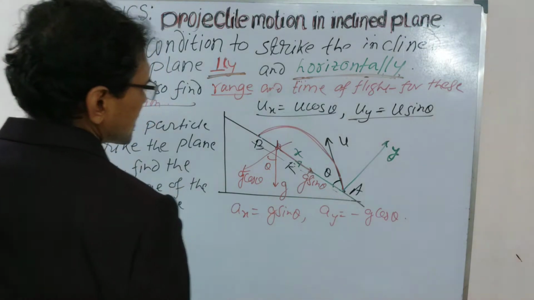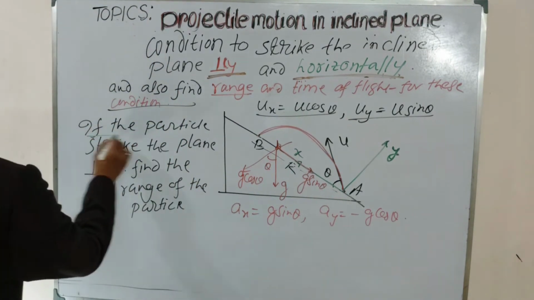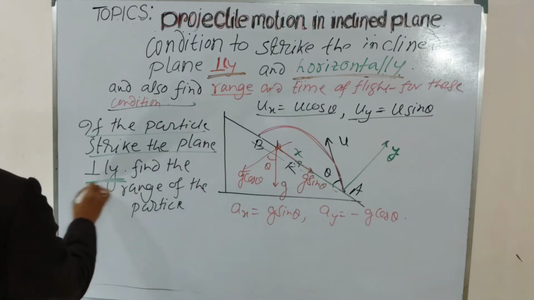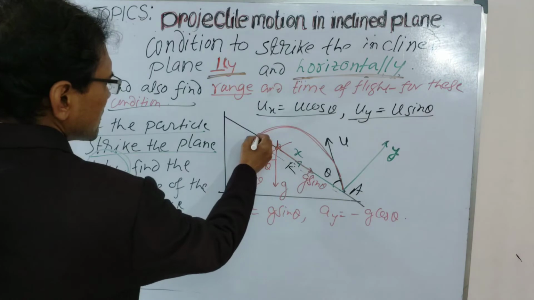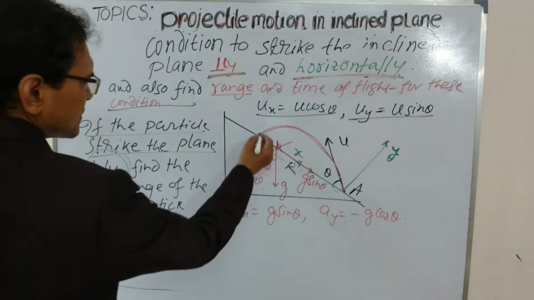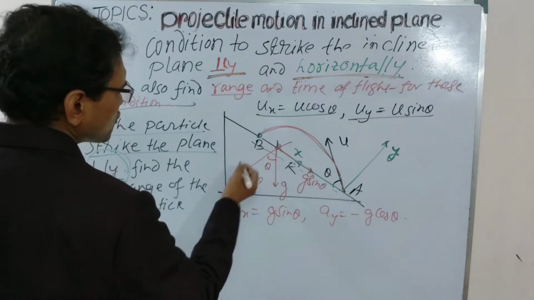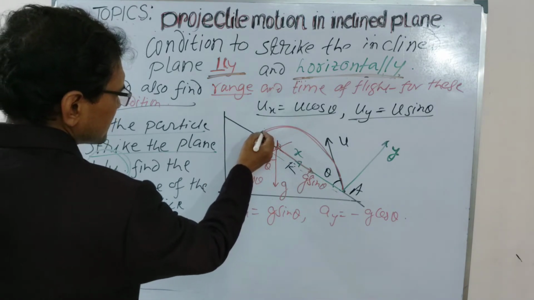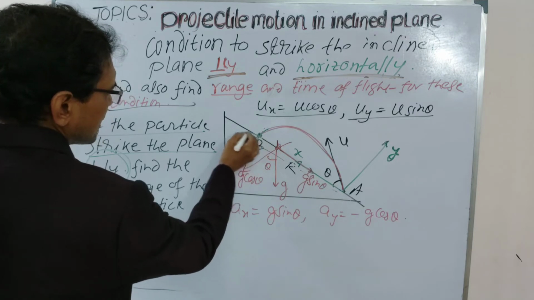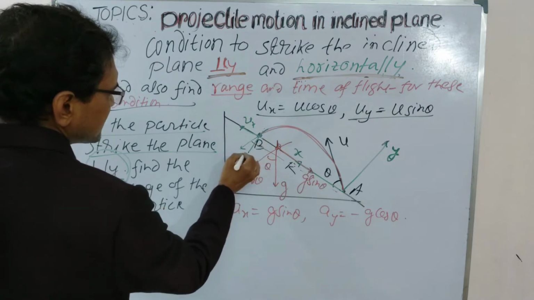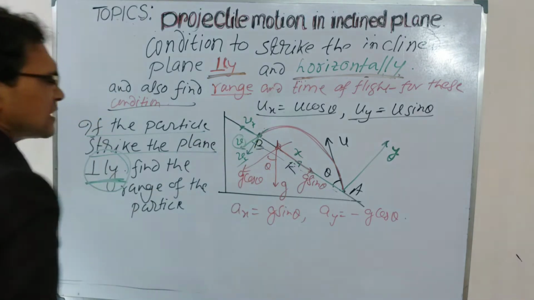So what is the condition? Here the question is that the particle strikes the plane perpendicularly. Perpendicular strike means there are two components of the final velocity, vx and vy, and v is the final velocity.